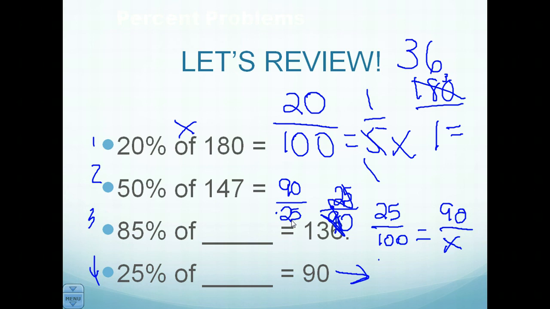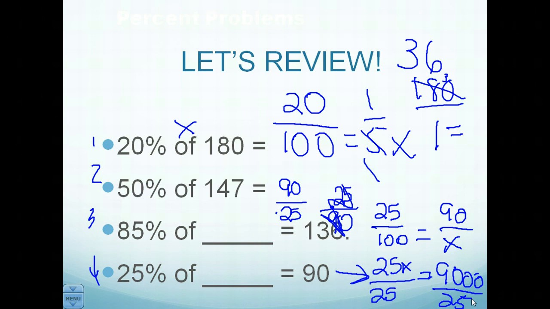So again, you could just divide, or you can do it this way, which is also eventually dividing, where you do 25x equals 100 times 90, which equals 9,000 over 25. And then you will continue the problem. So that is how you solve these problems.